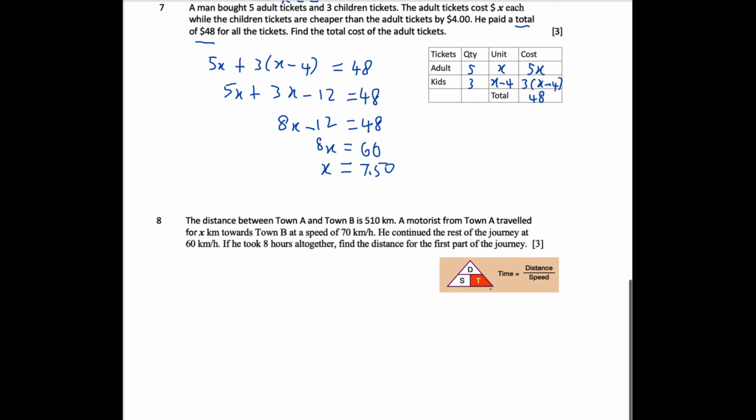Okay, now the objective is to find the total cost of the adult tickets. So total cost of adult tickets. We need to write our statements. And the adult tickets, there are 5 adult tickets.